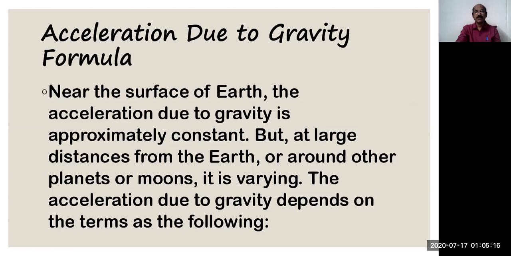Near the surface of the Earth, the acceleration due to gravity is approximately constant, but at large distances from the Earth, around the planets and moons, it varies.